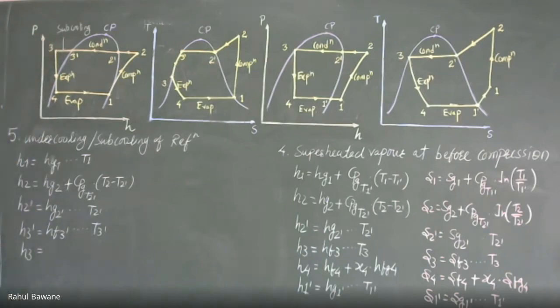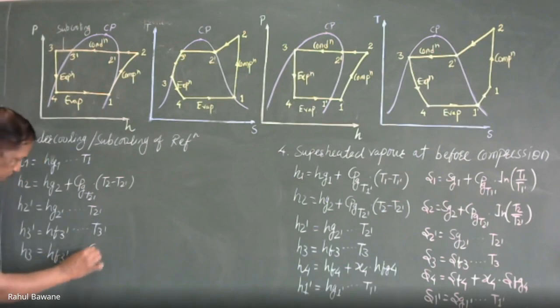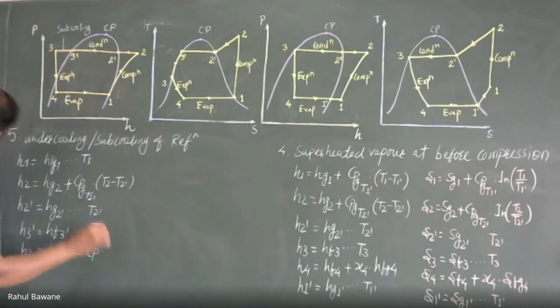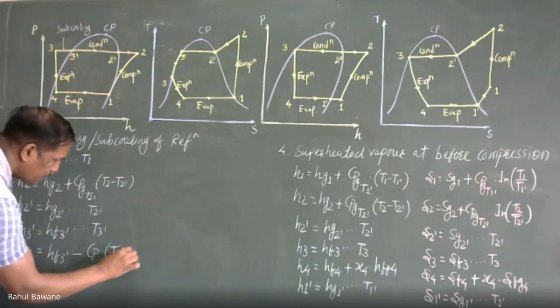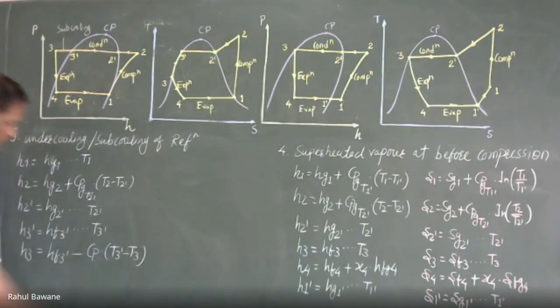Now here is the difference. H3 will be Hf3' minus Cp into the higher temperature T3' minus T3. Here we have to remove this amount, then it becomes subcooled.